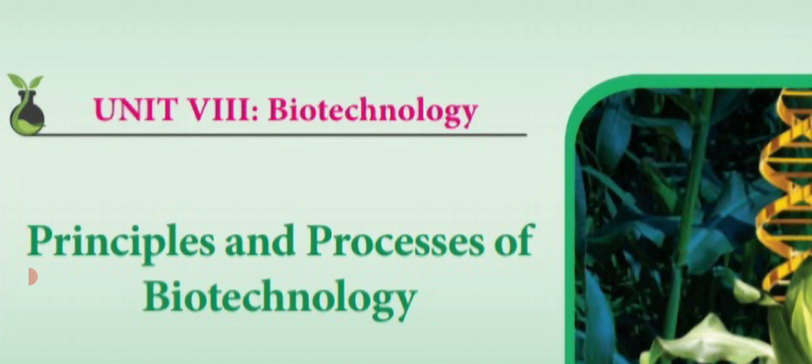The different screening processes are the blue-white colony selection method, antibiotic resistant marker, replica plating techniques, molecular techniques of isolation of genetic material, and gel electrophoresis, that is agarose gel electrophoresis. These are all the different methods for screening recombinant DNA.